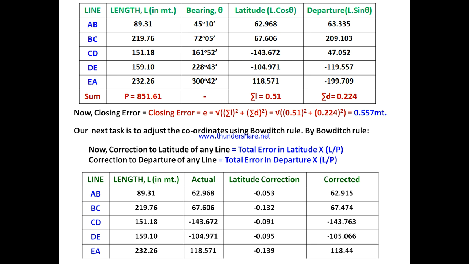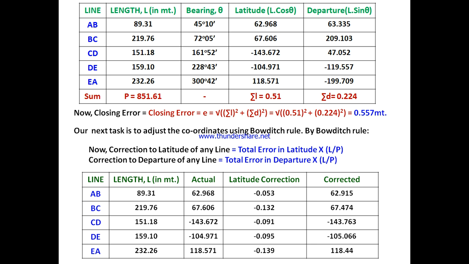For example, for the departure of AB, the total error in departure is 0.224, multiplied by length upon perimeter.